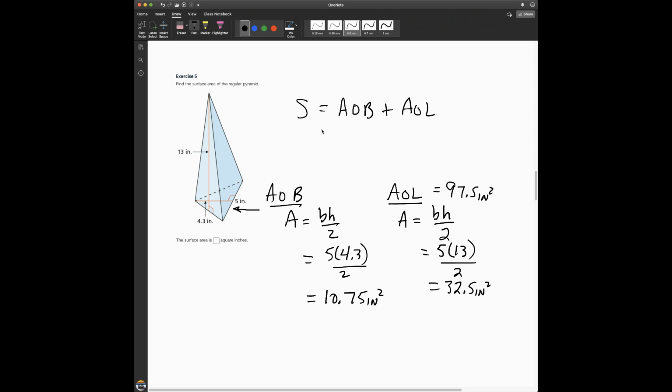So now all I have to do is add these numbers together. 97.5 plus 10.75 gives me an answer of 108.25 inches squared.